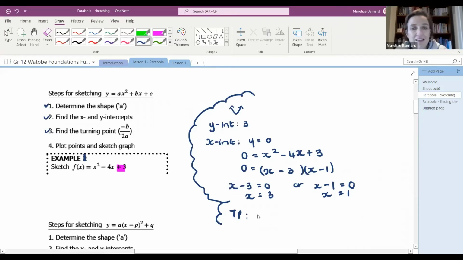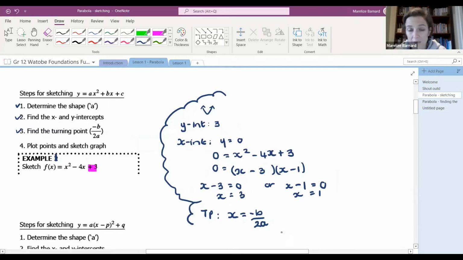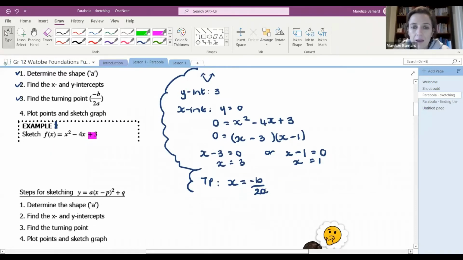Thank you. Right. So the turning point in this case, we can figure out by using that handy little formula that comes from the quadratic formula, that x is minus b over 2a. This gives us the x coordinate of the turning point.